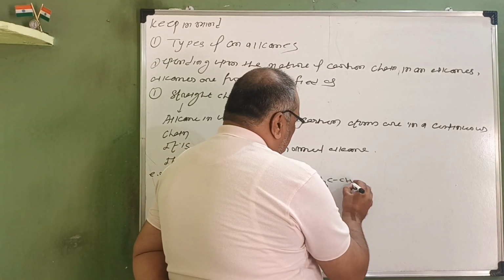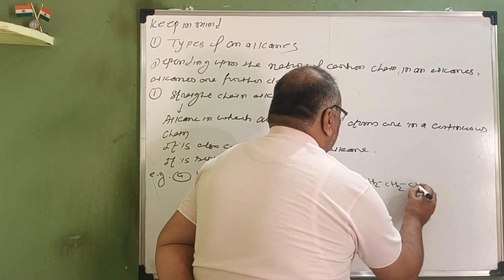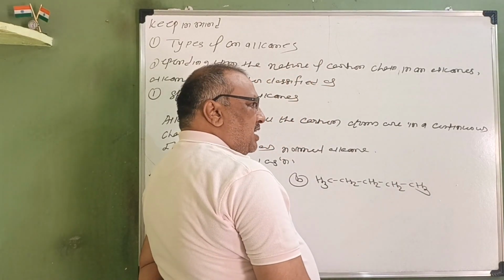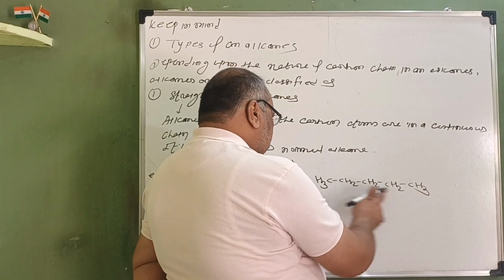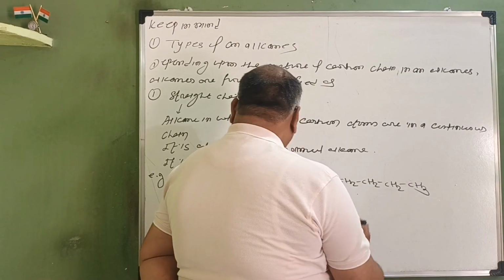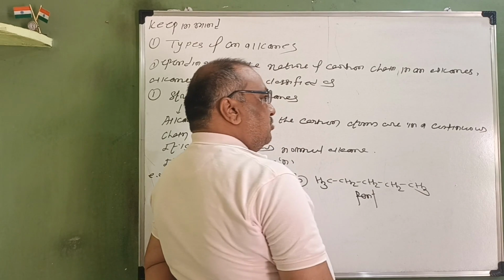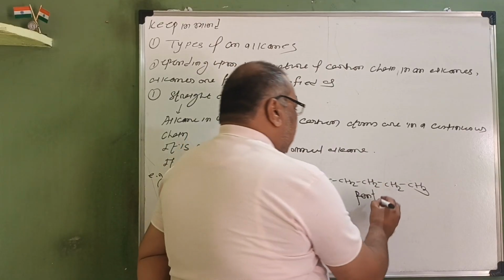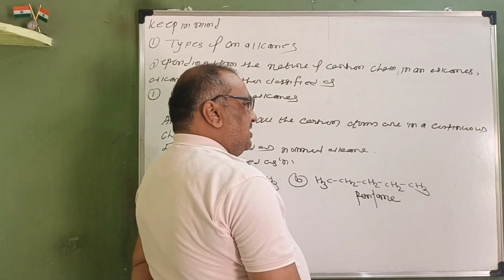Second example, CH3, CH2, CH2, CH2, CH3. Again here, all the carbon atoms are in a continuous chain. There are 5 carbon atoms. So here word root is pent. Due to the presence of carbon-carbon single bond, primary suffix is ane.